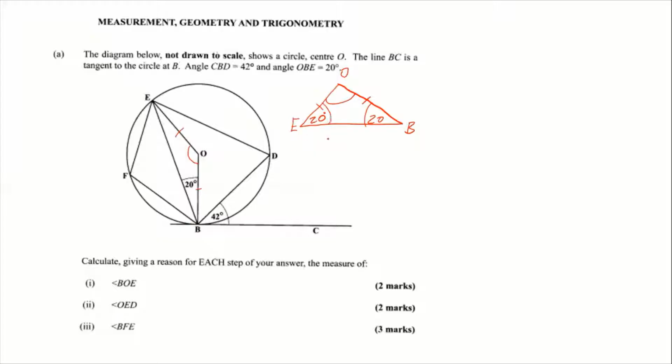We could write it out to say that angle EBO is equal to angle BEO, which is equal to 20 degrees. And the reason for that would be isosceles triangle. You don't have to write out the word, right? So that's how we know that this angle is 20 degrees.